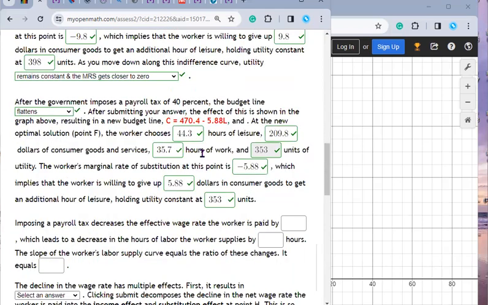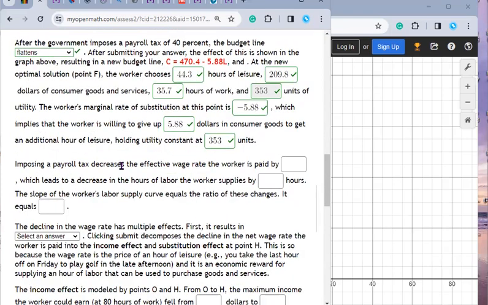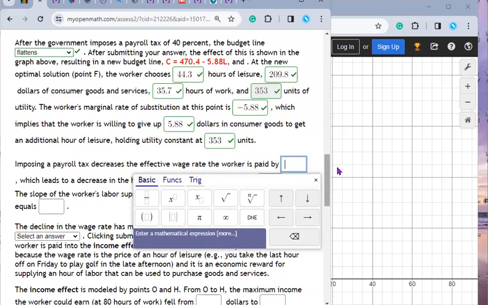Okay. Now, imposing a payroll tax decreases the effective wage rate the worker is paid by what amount?